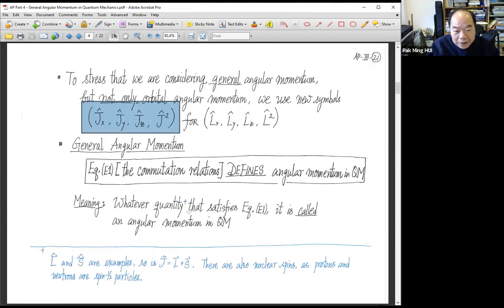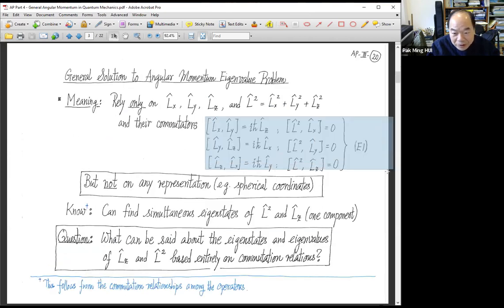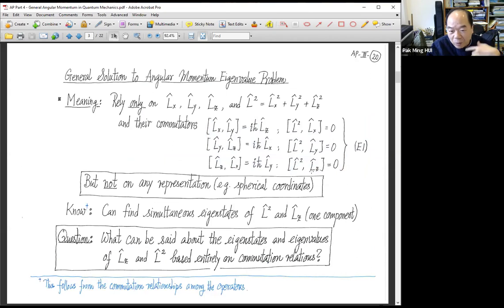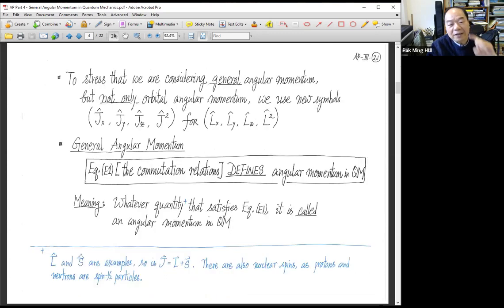So we will take this with J as the definition, and then we will work out the general criteria for the eigenvalues and the eigenstates of J square and Jz. All right, so that is the question.